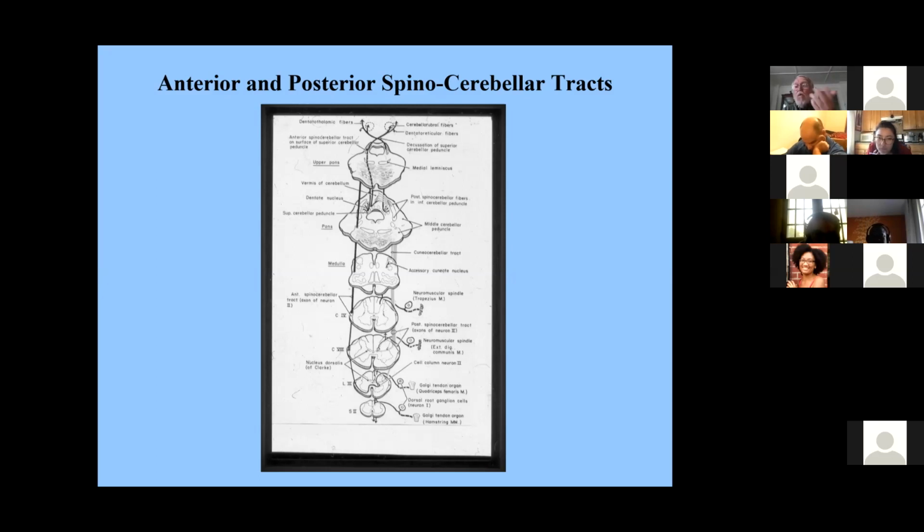So one of the questions is, why would you have two of these systems? One argument might be, well, one system is older than another. But that's not a good answer, simply because it appears on a phylogenetic basis that both of these tracts appeared pretty much at the same time.